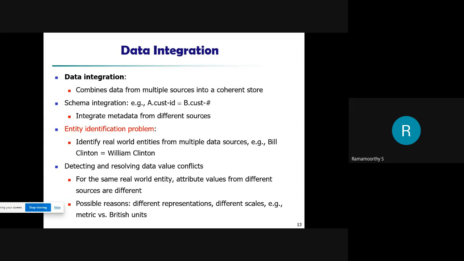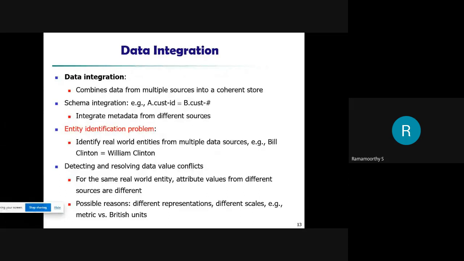So identify real world entities from the multiple data sources. You are collecting the data from multiple sources, and you need to identify the entities, and detect and resolve the data value conflicts.